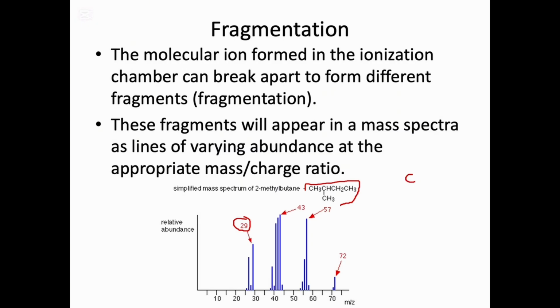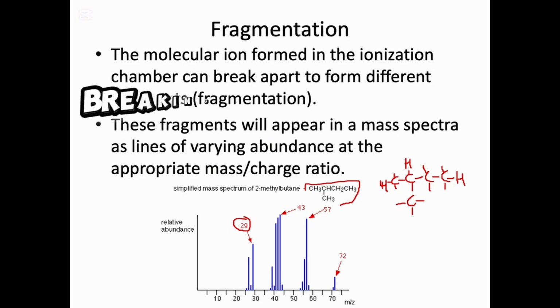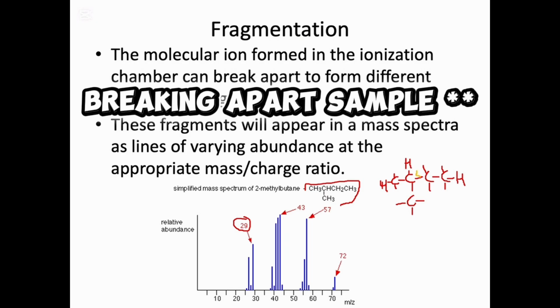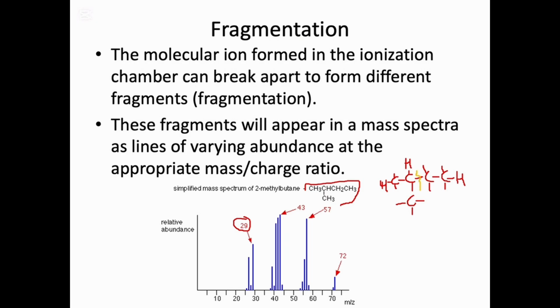So I'm just going to try my best to do the structure of this molecule. To get your mass to charge ratio, your mass of 29, it involves breaking apart your fragment at this point right here. 2 carbons with a mass of 12. So that is your 24.